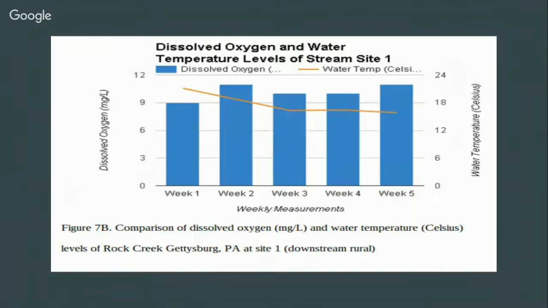This comparison graph shows dissolved oxygen and water temperature levels of Rock Creek at Site 1. The comparison graphs show that dissolved oxygen increases when the temperature decreases for all sites.